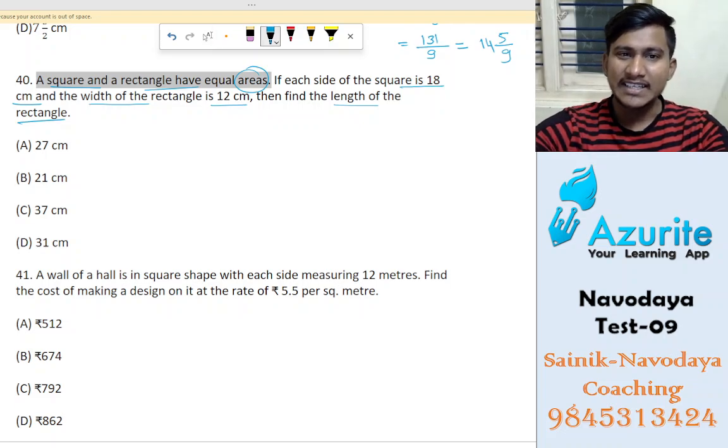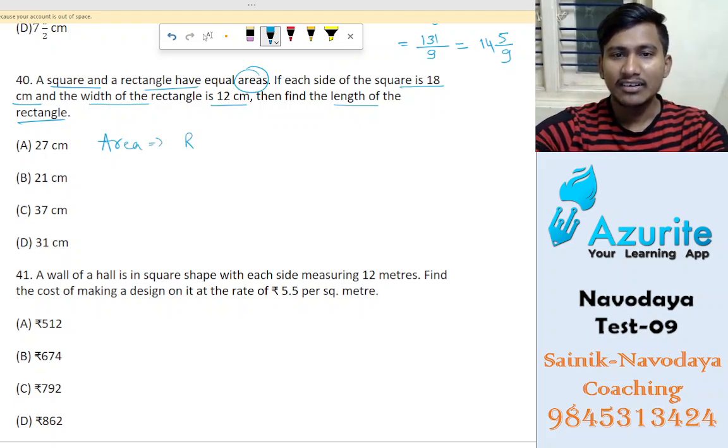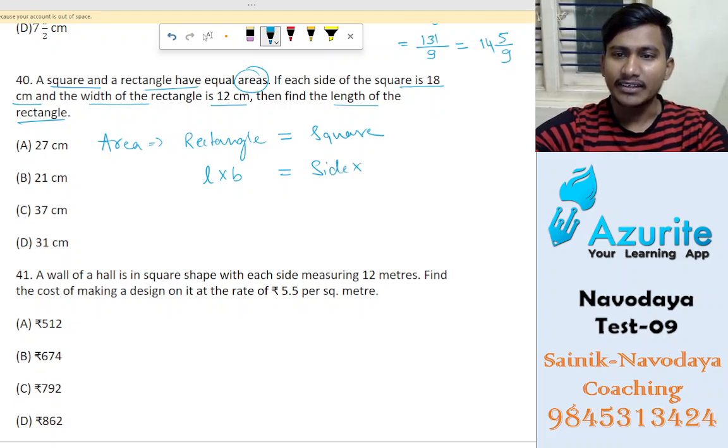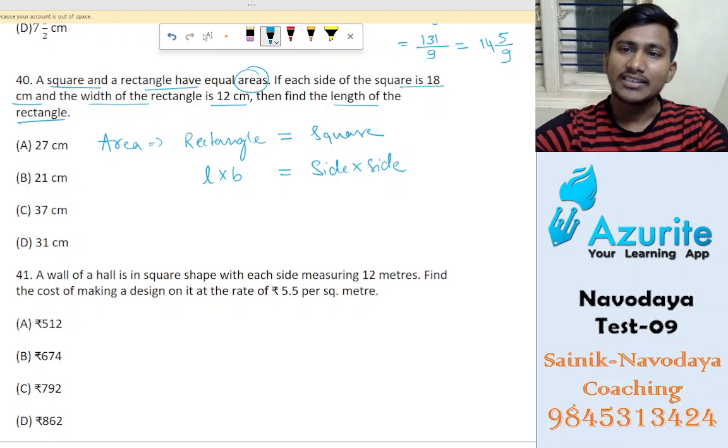How do you find the square and rectangle area? Rectangle we find length into breadth, and square, how do you find? Side into side.